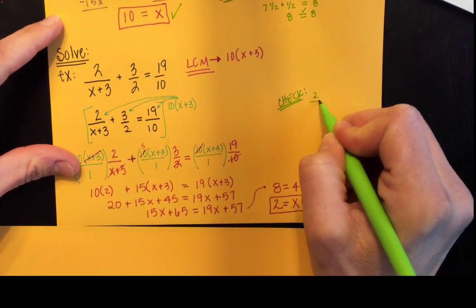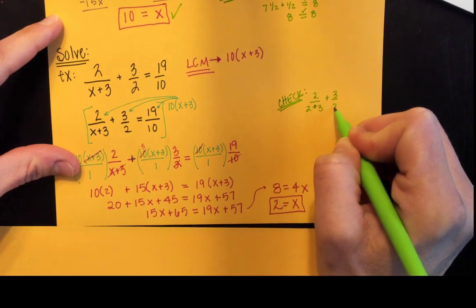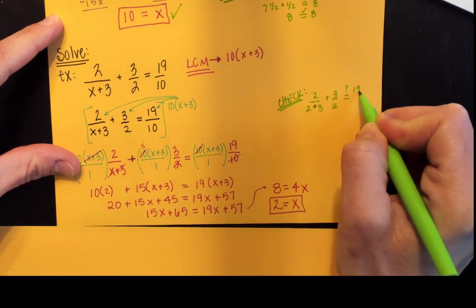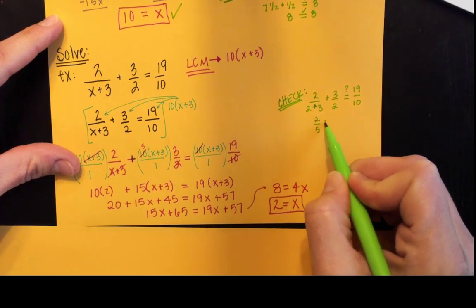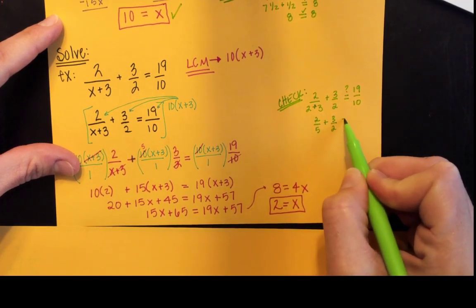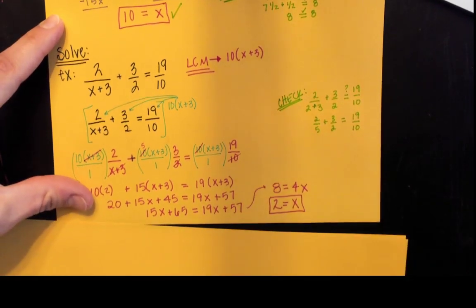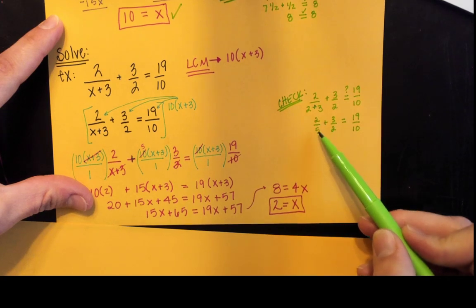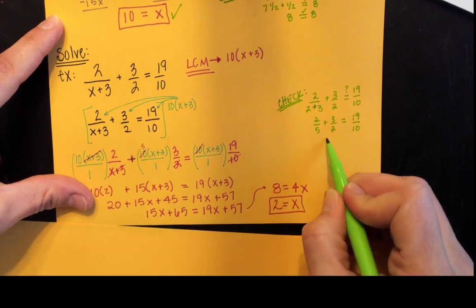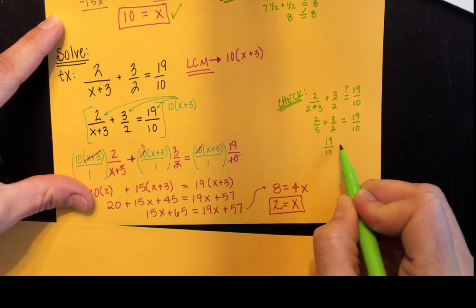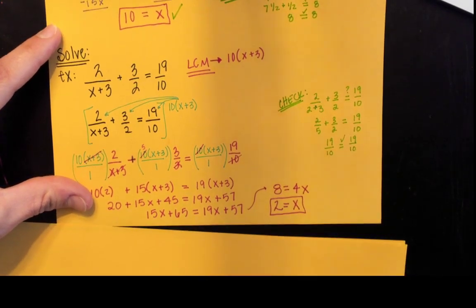And what we do find out is 2/5 plus 3/2, if we did do the common denominator, you end up with multiplying by 2, multiplying by 5, and you end up with 19 over 10 equals 19 over 10. So this is a solution.